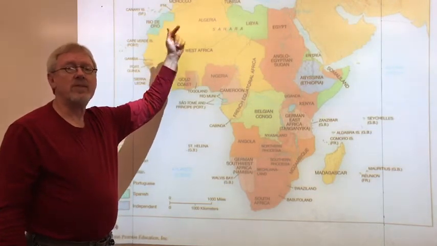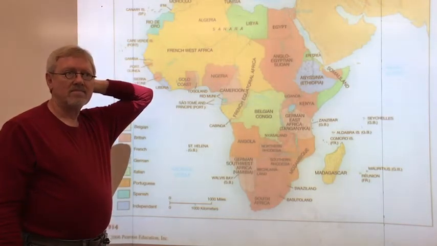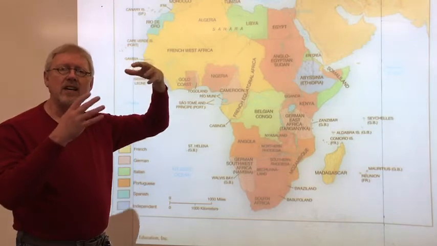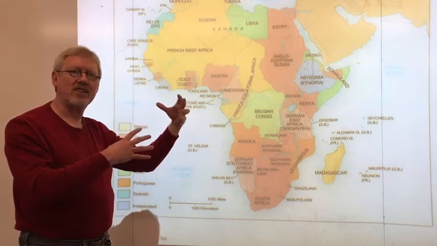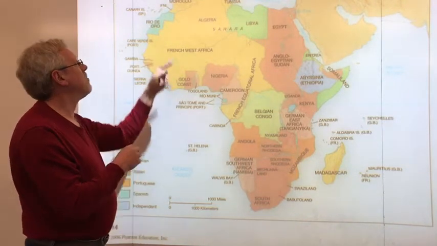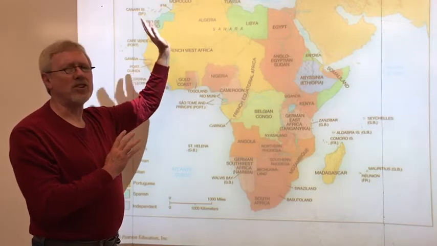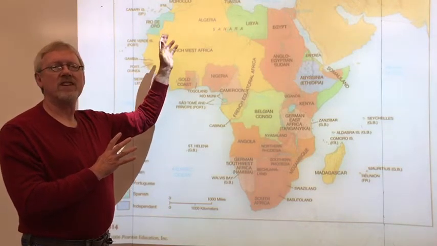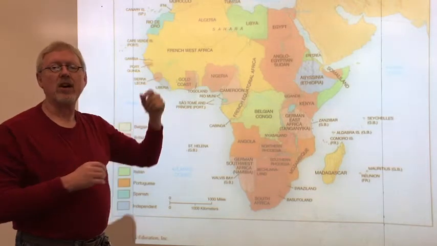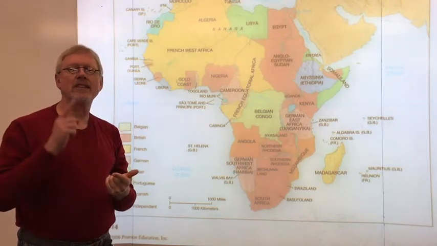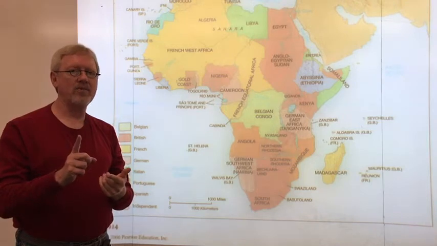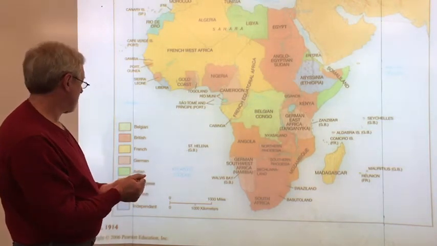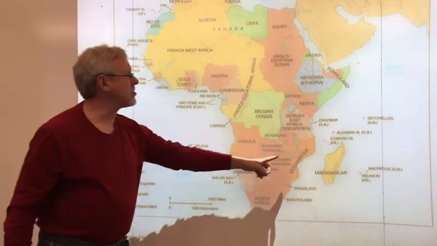Algeria is essentially going to become a part of France, occupied by Frenchmen, the same way that the English took over the 13 colonies. And they're going to have a long and bloody war over the independence of Algeria, which will not be resolved until the 1960s, when France finally lets go of Algeria. The Portuguese have Angola and Mozambique.